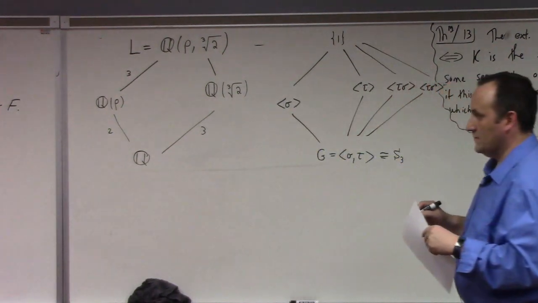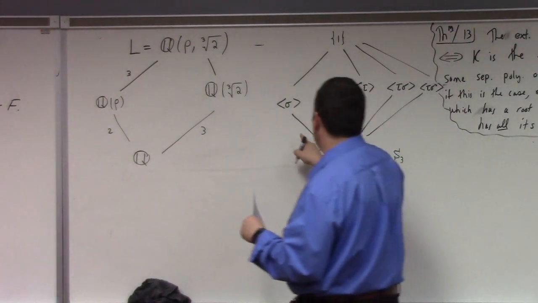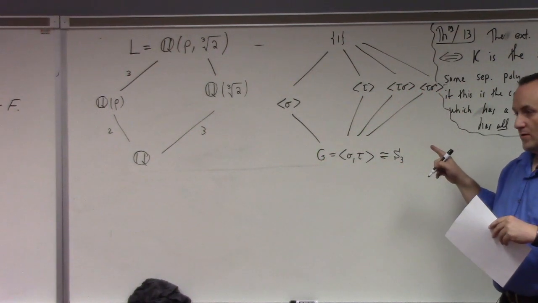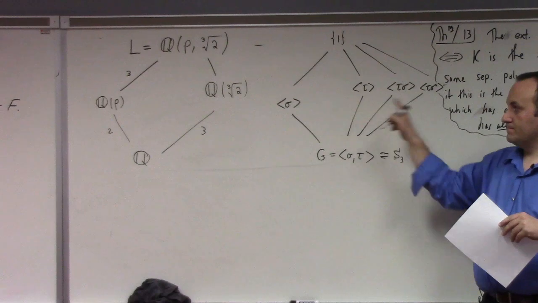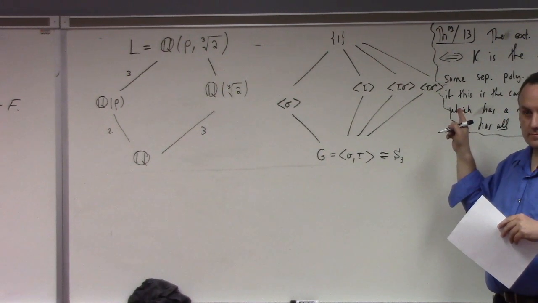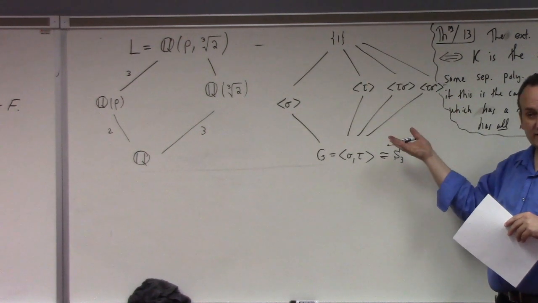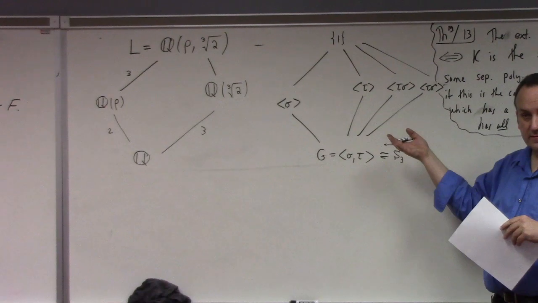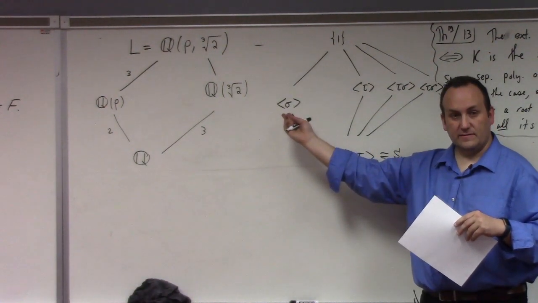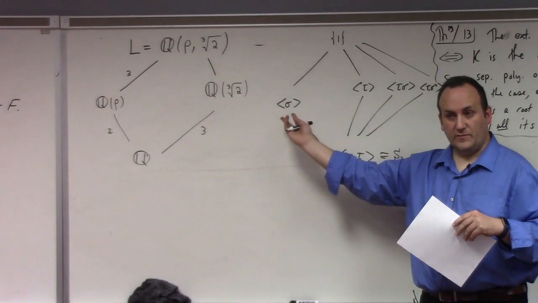So only one of these subgroups is normal. If the index of a subgroup is 2, it's normal, right? So what's the index of this? This is 1, sigma, sigma squared, right? This is a normal subgroup.